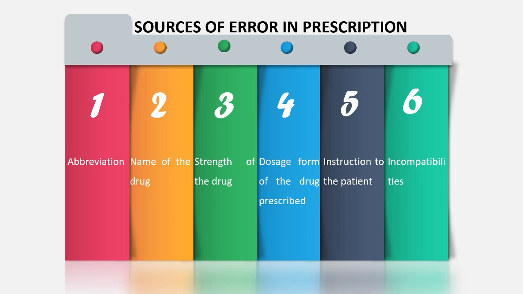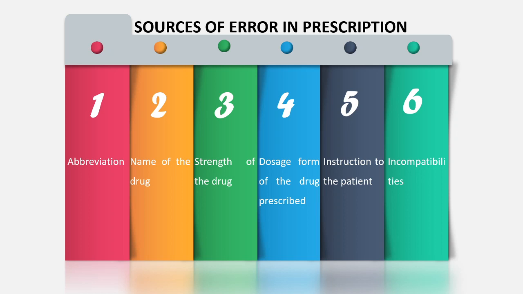Next is instruction to the patient. The quantity of the drug to be taken, the frequency and timing of administration and route of administration should be clearly given in the prescription so as to avoid any confusion. Next is incompatibility.